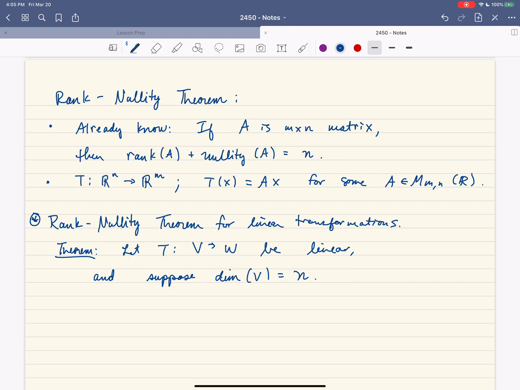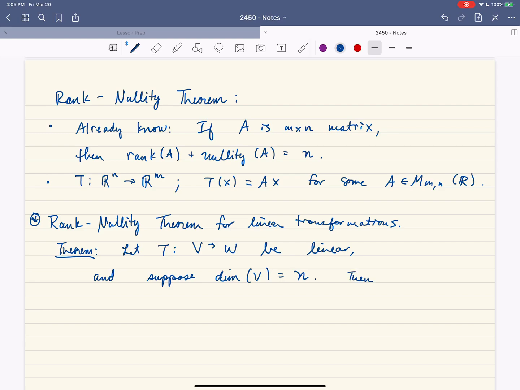Okay, so it could be Rn, it could be P sub n minus 1, it could be, if n is 8, then V could be the 4 by 2 matrices, or it could be R8, or it could be the set of at most 7-degree polynomials, just whatever your favorite n-dimensional vector space is, it doesn't matter. So T is linear going from V to W, where V has dimension n.